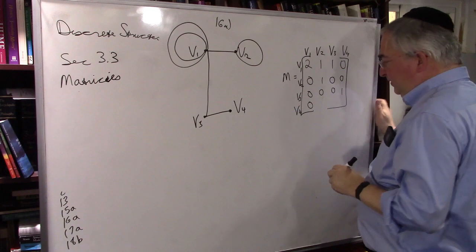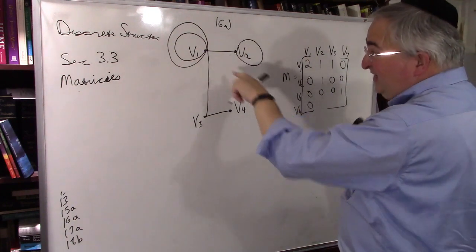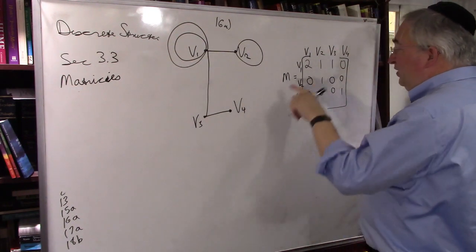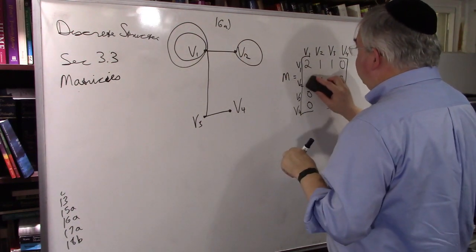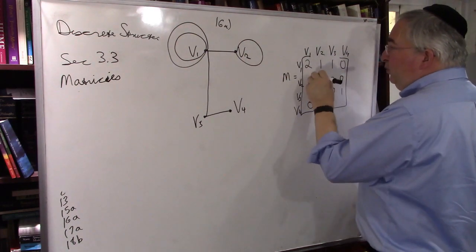Whoops, sorry, hold on. This is not directed. So not only is there an edge from V1 to V2, but there's an edge from V2 to V1.